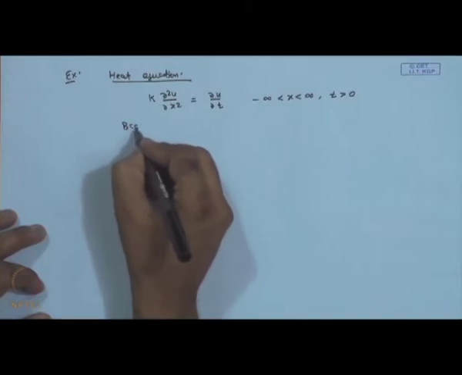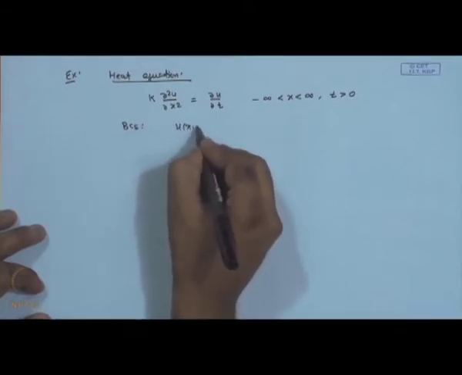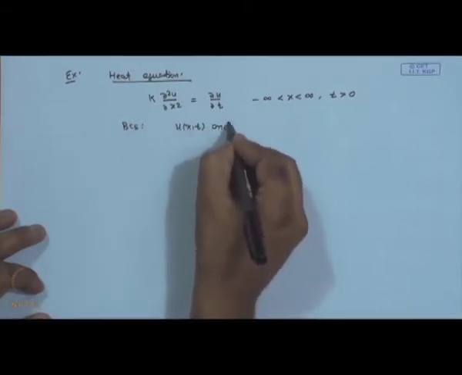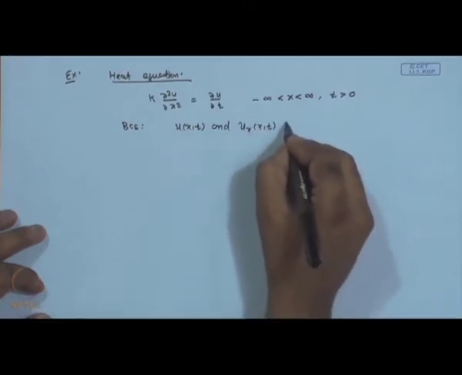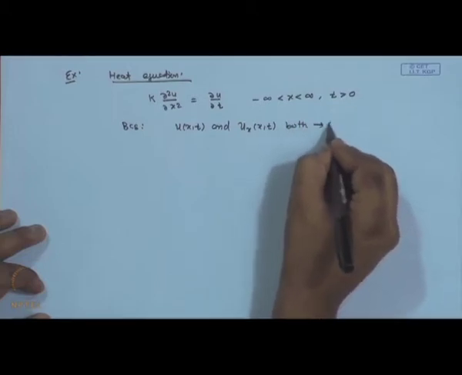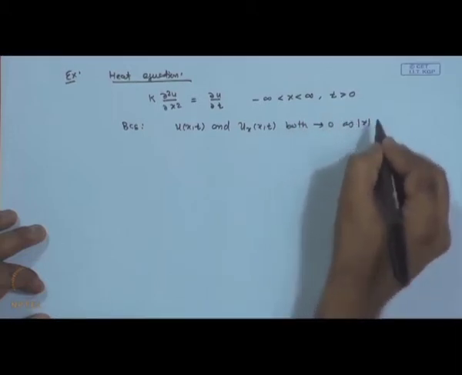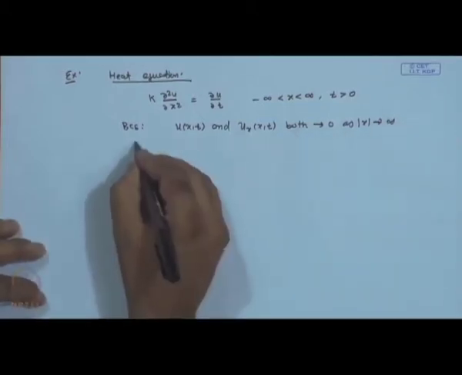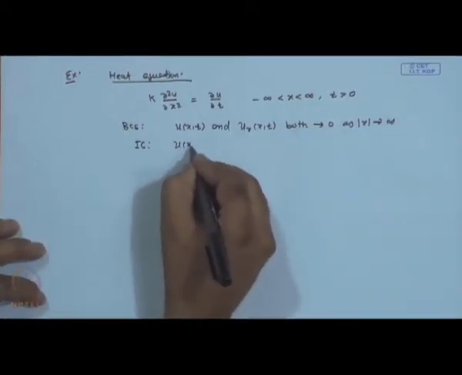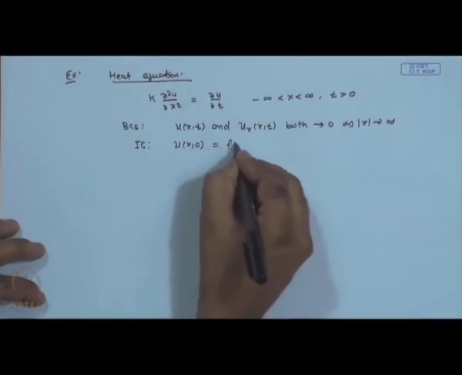The boundary conditions are given: u(x,t) and u_x(x,t) both go to 0 as the absolute value of x goes to infinity, and the initial condition is u(x,0) equals f(x).